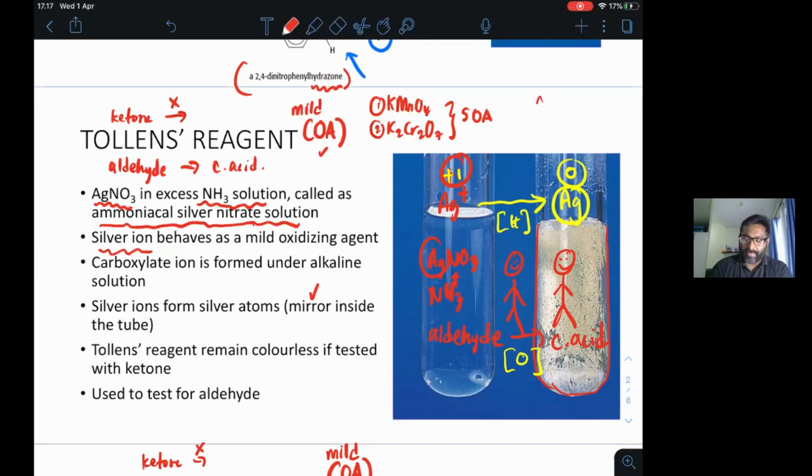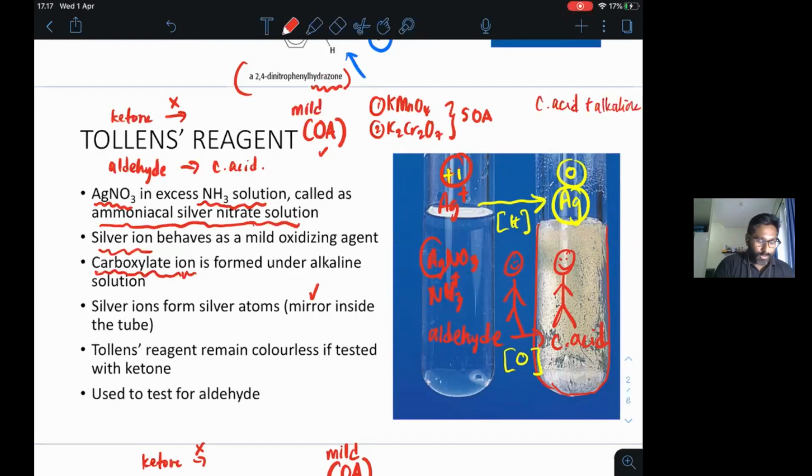Now, carboxylic acid is an acid, so because it's an alkaline ammonia solution, the acid will react with it to give you a salt, like acid plus base gives salt and water. That salt is known as the carboxylate ion. So it's not going to remain as carboxylic acid, which is why they put it as carboxylate ion. Don't worry so much about it; I will discuss this in future lessons.